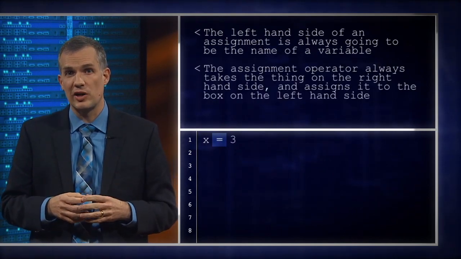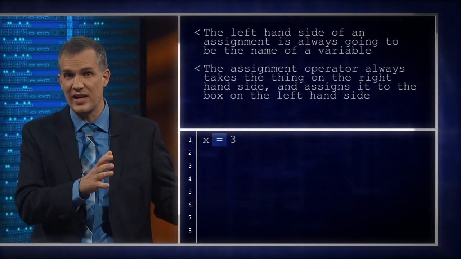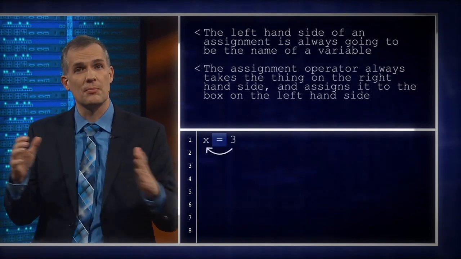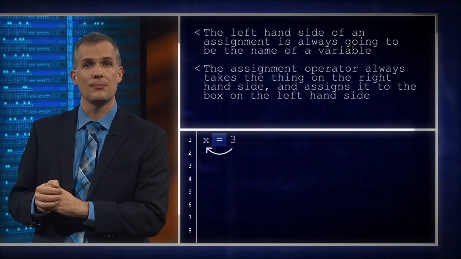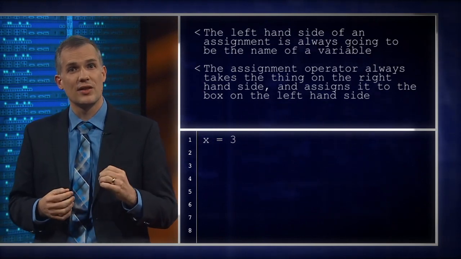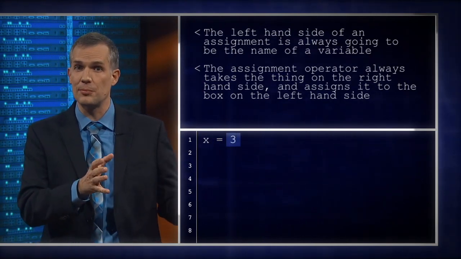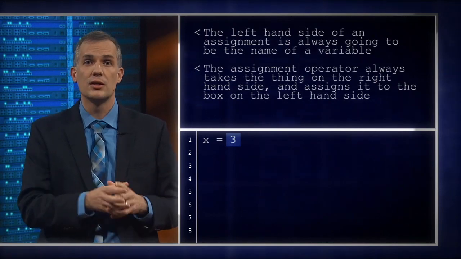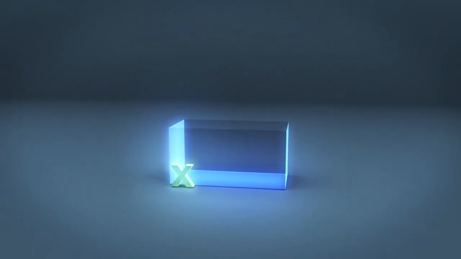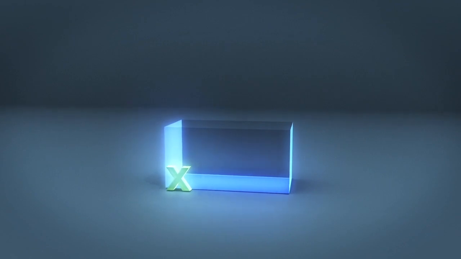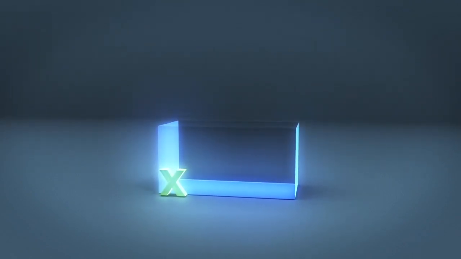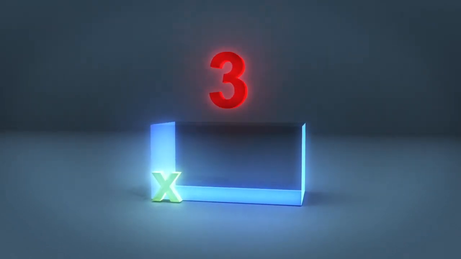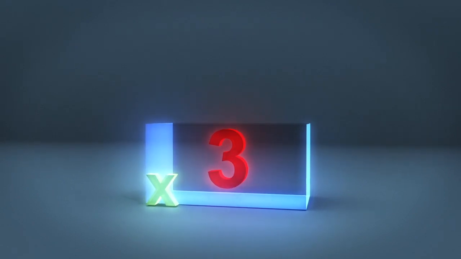The assignment operator always takes the thing on the right-hand side and assigns it to the box on the left-hand side. In this case, the thing that's on the right-hand side is a number, the value 3. So, the overall result of this line of code is that we take a box of memory with the name x, and we put the value 3 into that box.